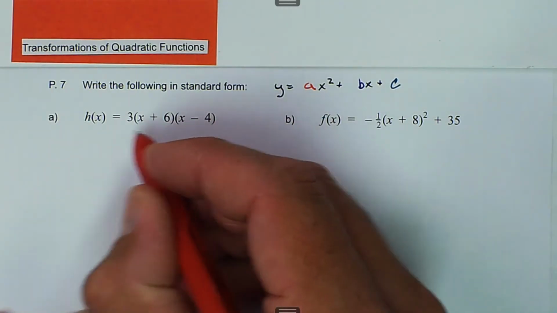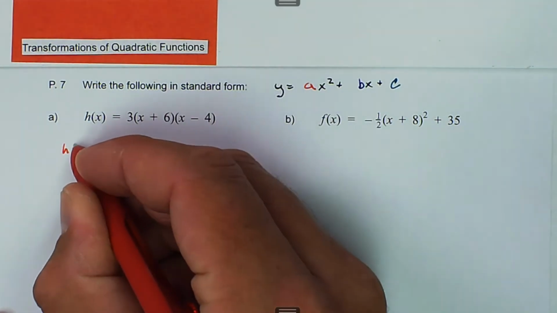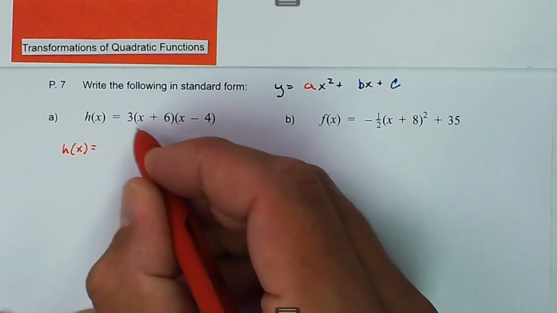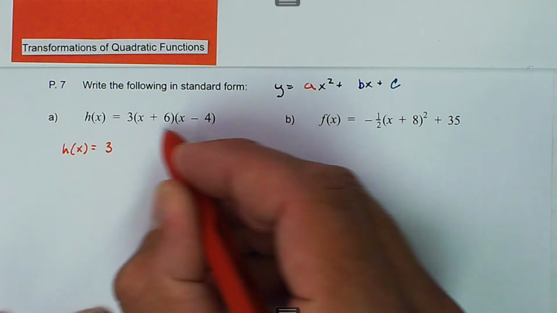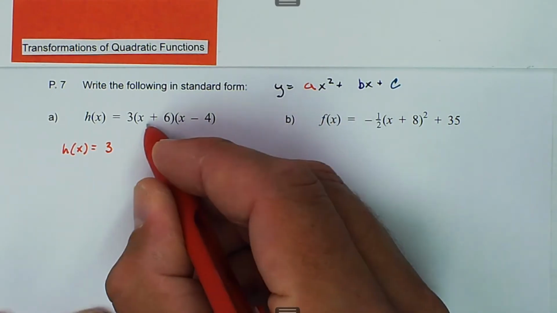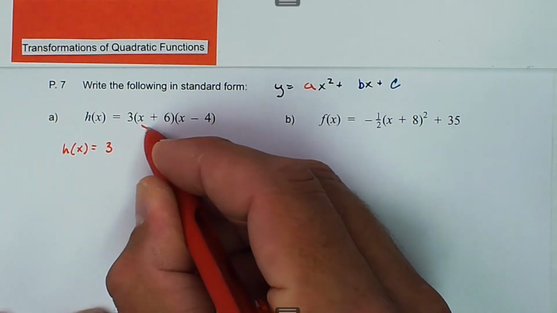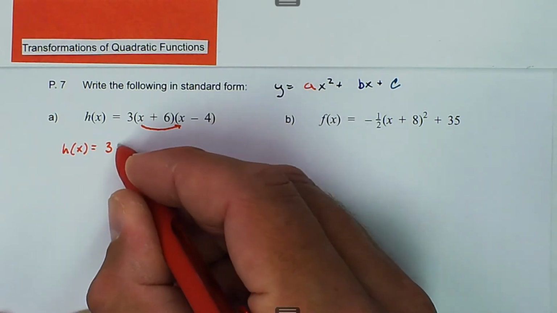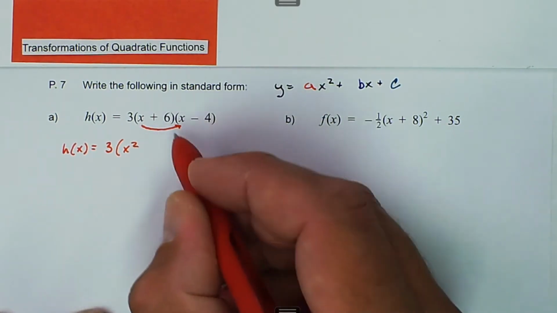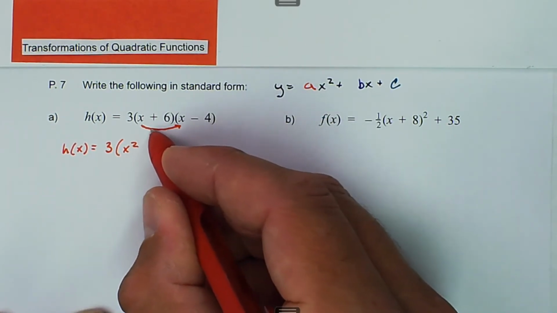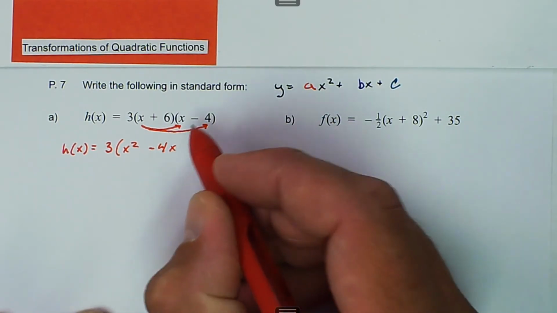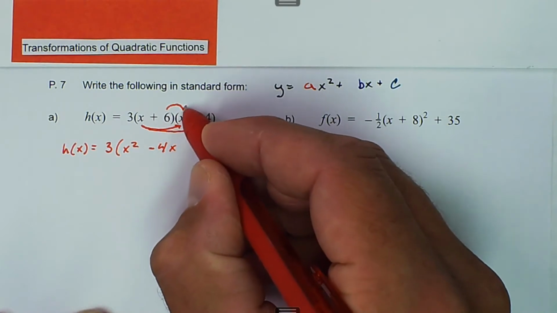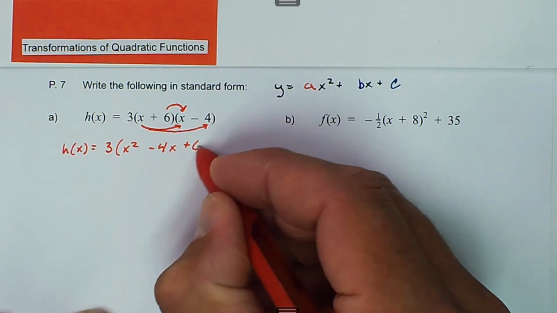So first, we'll say h of x equals, and I'm just going to bring down the 3 for right now, and then I'm going to multiply or distribute this binomial times this binomial. So we get x times x is x squared, and x times -4 is -4x. 6 times x is positive 6x.